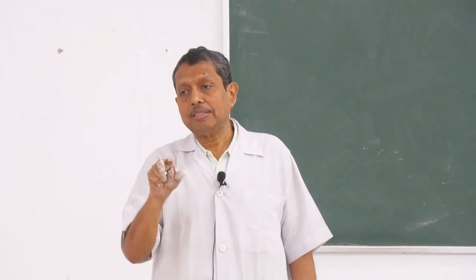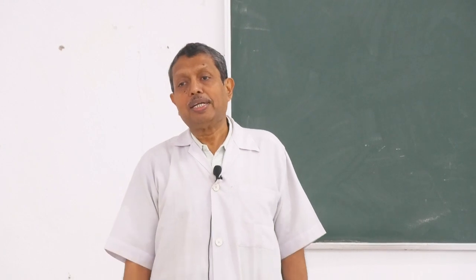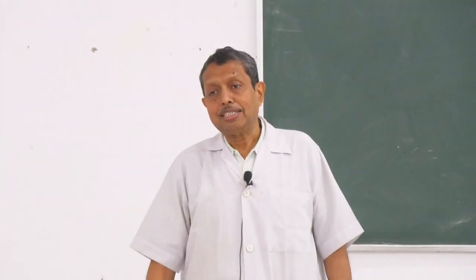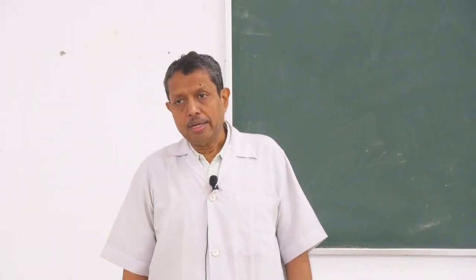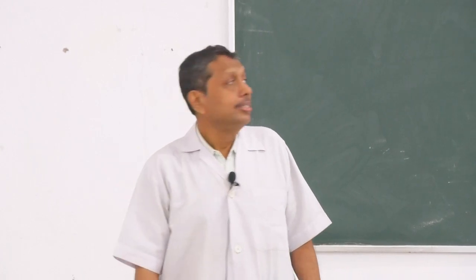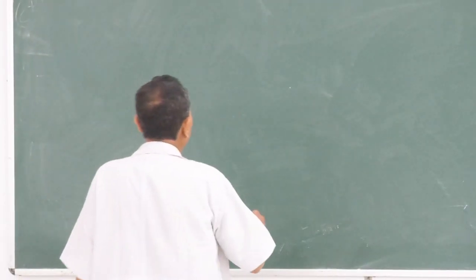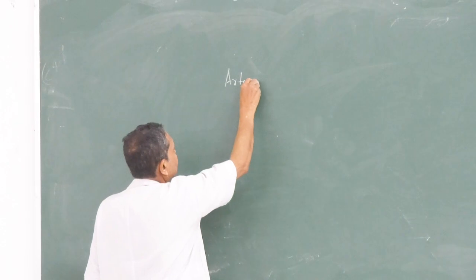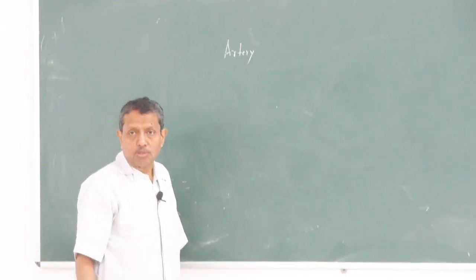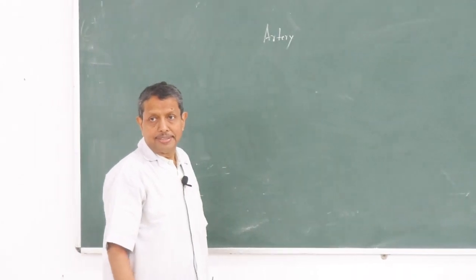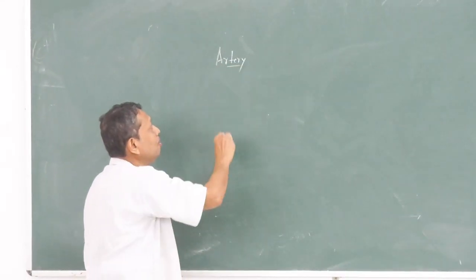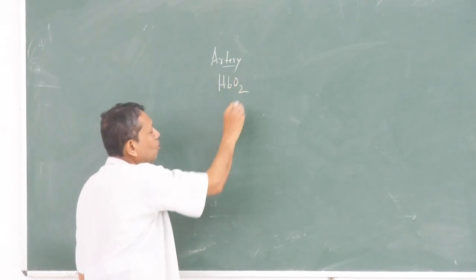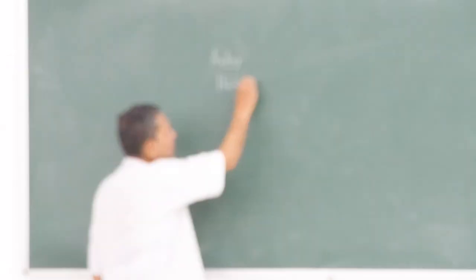Four pulmonary veins drain into the left atrium, then the left ventricle, and the left ventricle through the aorta supplies all the tissues. Normally in the artery the hemoglobin is almost fully saturated, and you have to consider the bound form, that is, HbO2. In this form it is carried.